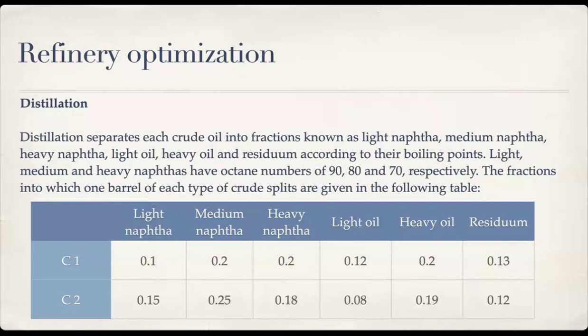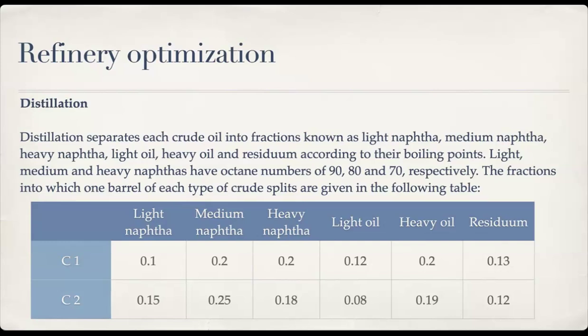If you send 1 barrel of C1 to distillation, you obtain 0.1 barrel of light naphtha, 0.2 barrels of medium naphtha, 0.2 barrels of heavy naphtha, 0.12 of light oil, 0.2 of heavy oil, and 0.13 of residue.